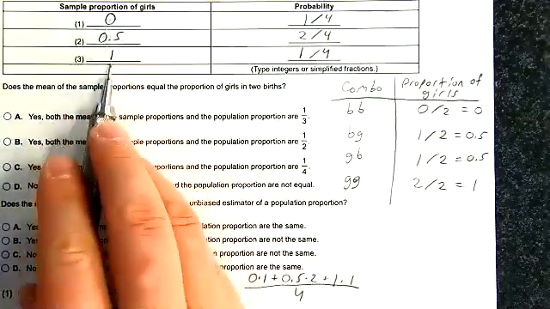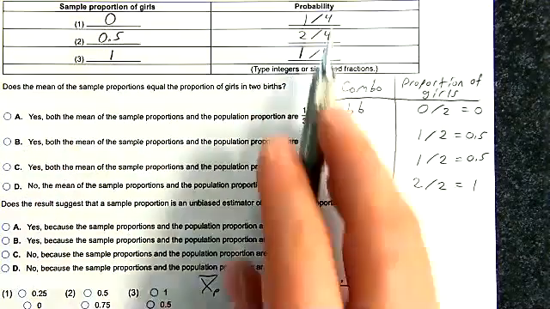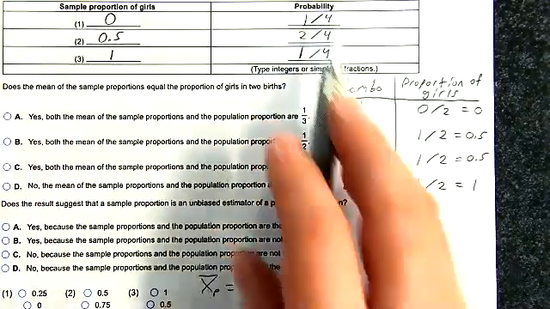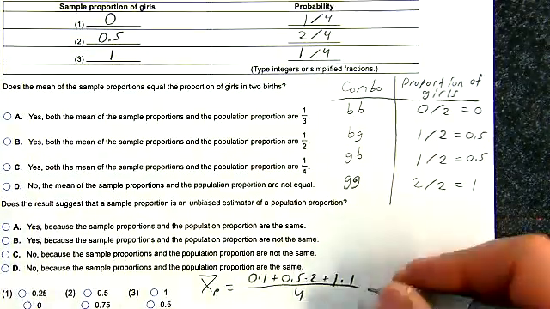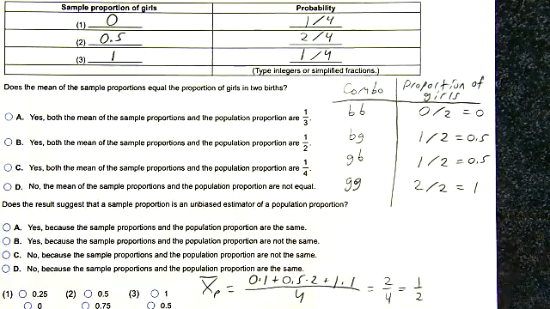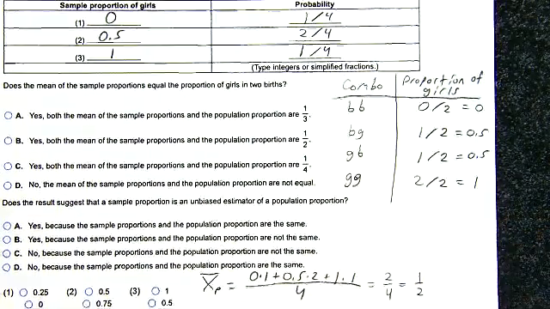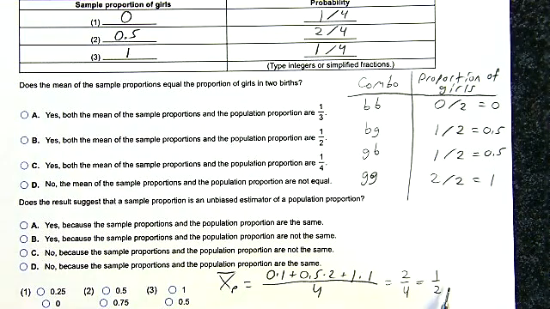So just take each of these numbers times the numerator of these fractions and then divide them all by 4, since they all have a common 4 in the denominator. This would be 0, this would be 1 plus 1, this is 2 over 4, this is 1/2. So the mean of the sample proportions is 1/2.